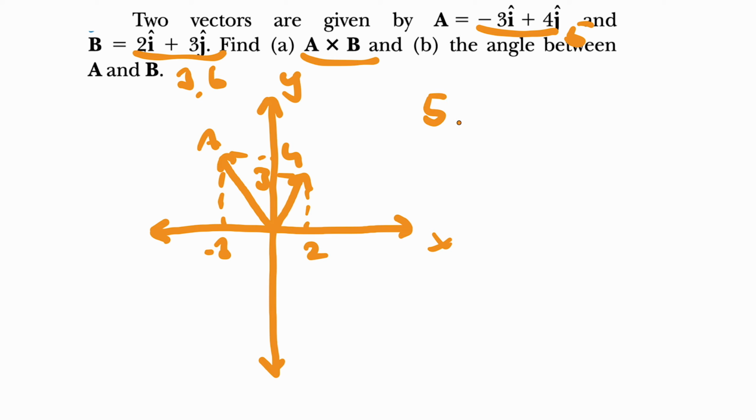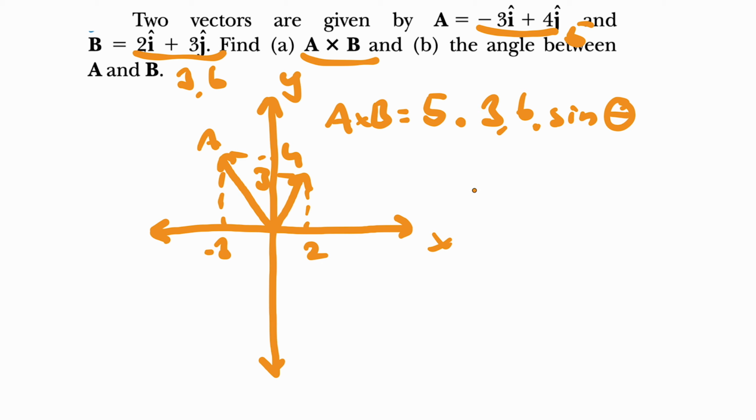And to find the magnitude of the cross product of these, we're going to multiply these two values together, and we need to multiply it by the sine of the angle in between, which we need to find. So how do we find the angle in between?